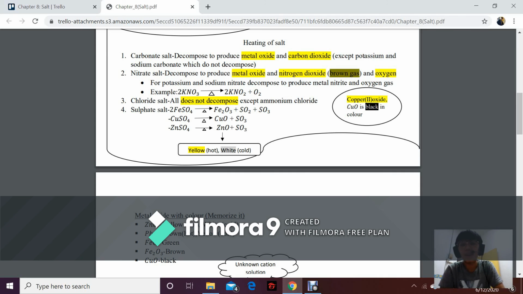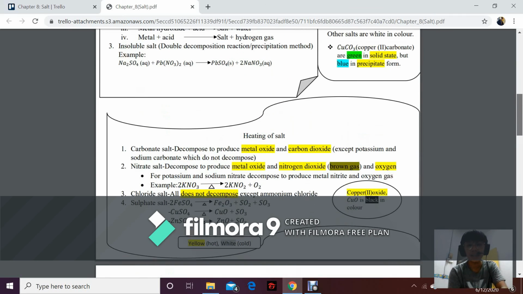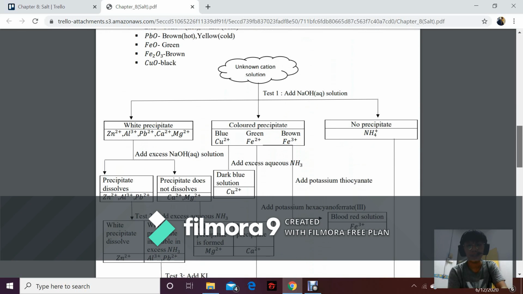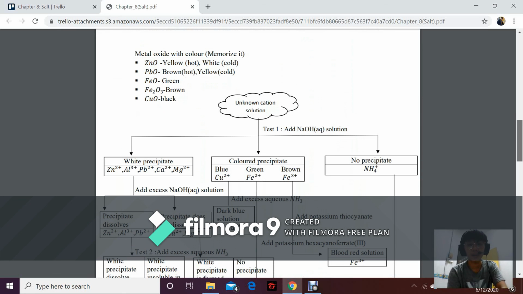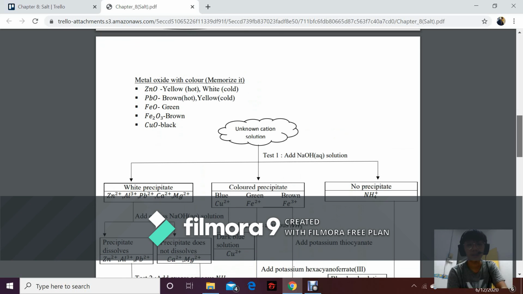If it says brown gas is produced, this is a nitrate salt. If they say carbon dioxide is produced, this is the carbonate salt. Other than that, this is the chart for you to analyze the cation of the salts.